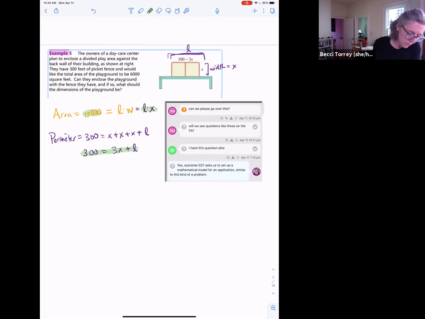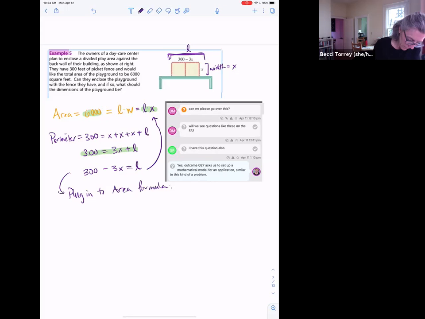And so what we can do with this is we can take one equation, our perimeter, and say, okay, I can solve for L. So 300 minus 3x is equal to whatever that length is. And then I can plug that into my area formula. So we have 6,000 is equal to the length multiplied by the width, which is x.